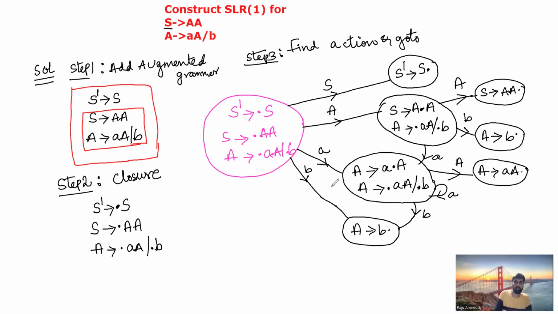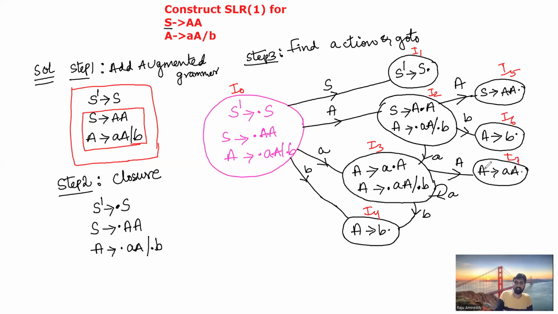Okay. So now what we have to do, we are going to find out the table. Now, so what I am going to do, just I am going to give the numbering for this one. This is called as I0, I1, I2, I3, I4, I5, I6, I7.